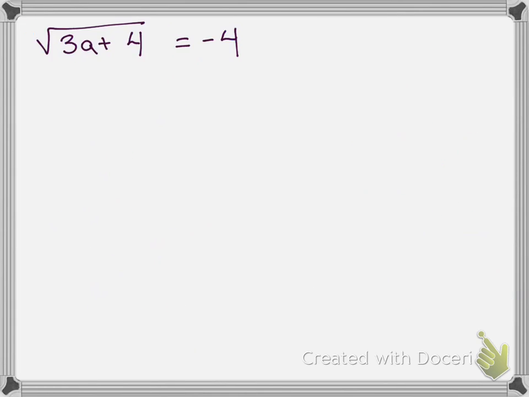Okay. Now, here I have the square root of 3a plus 4 equals negative 4. Okay, so it's already isolated. So I don't have to move anything around. What do I do? Square both sides. Good.